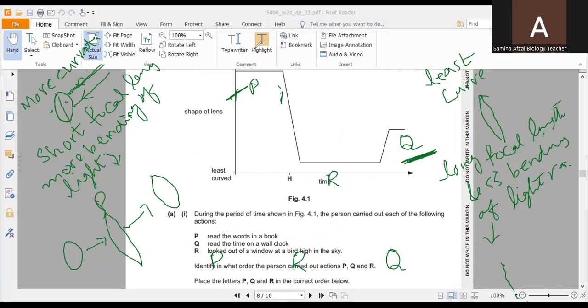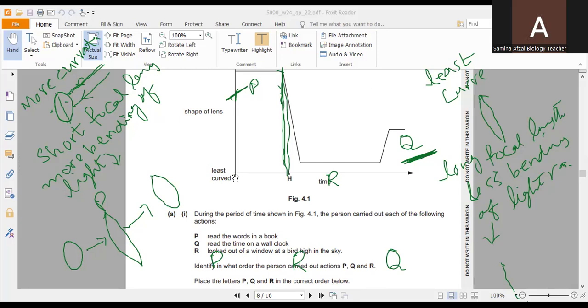At point H, we have to find out which structure is responsible. It is the point when the curvature is decreasing, when the most curvature is becoming less towards the least curved shape.